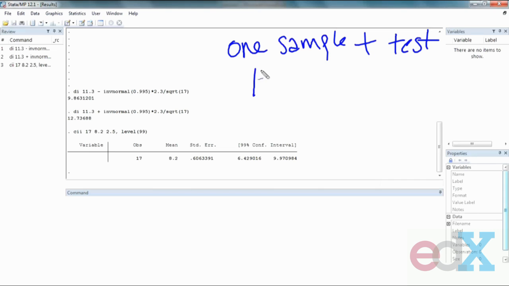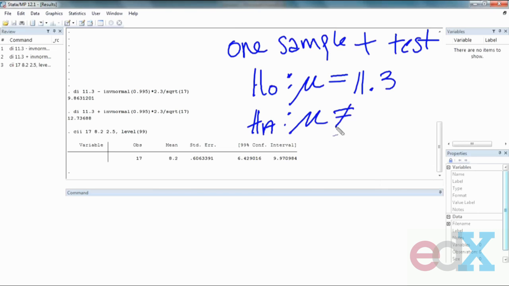And then we state our null and alternative hypothesis. If mu is the mean oxidation rate in healthy young adults who participate in the program, we're going to test the hypothesis that mu is equal to 11.3, which was the mean in those who didn't complete the program, against the alternative that mu is not equal to 11.3.